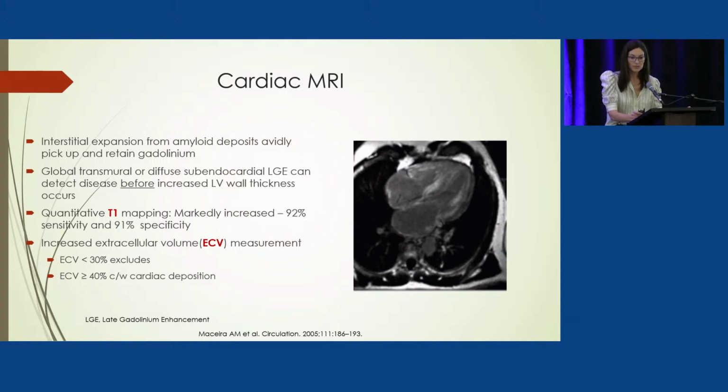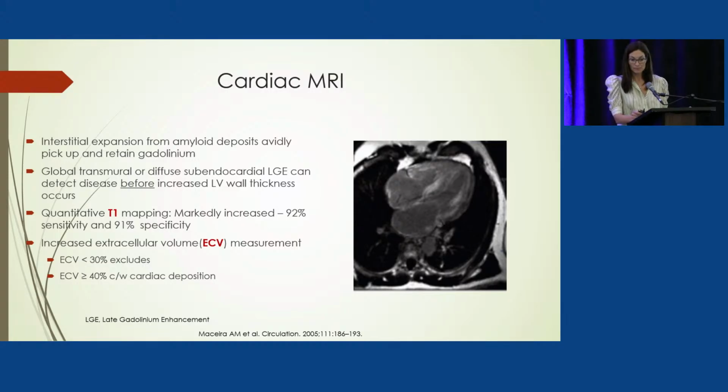I'm not going to spend much time on cardiac MRI because Dr. Ruberg is going to speak later on it, and I certainly don't know nearly as much as he does, but just a couple of points to note is that interstitial expansion occurs due to the deposition of amyloid in the myocardium, and this avidly retains gadolinium contrast. You will often see in these patients global transmural or diffuse subendocardial late gadolinium enhancement, and this can detect disease before you see very obvious left ventricular wall thickening.